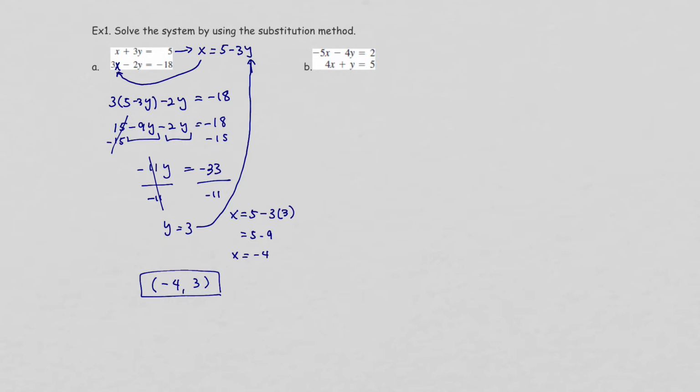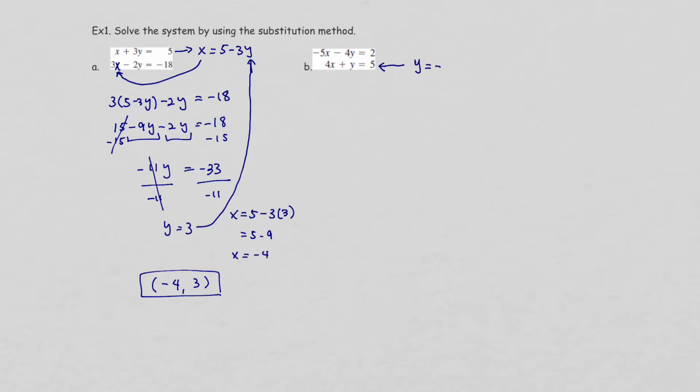I'm going to try one more with the substitution method. So when I'm solving B, I need to pick one equation and solve for a variable, right? This time I'm going to pick the second equation and solve for y, because the coefficient of y is 1. When I solve for y, I don't need to divide by any number to isolate y.